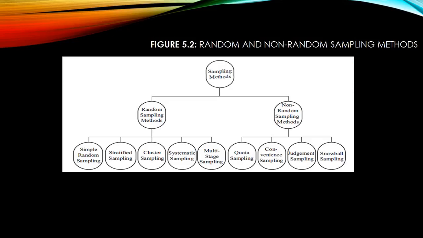If you put it this way, these are the various sampling techniques. One is random sampling methods, the other is non-random sampling methods. In random sampling, I have simple random sampling, stratified sampling, cluster sampling, systematic sampling, multi-stage sampling. And in non-random sampling, I have quota sampling, convenience sampling, judgment sampling, and snowball sampling. We'll discuss each method in detail.